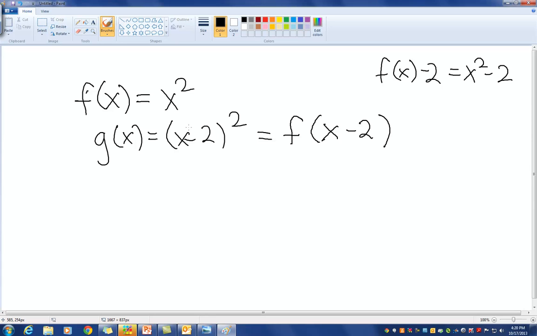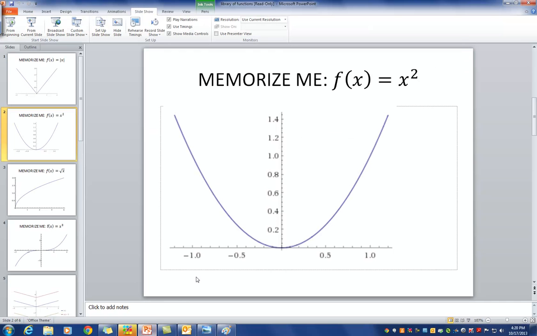And what we saw is that subtracting 2 from the input moves the entire graph 2 units in a positive direction, because messing with the input moves the graph opposite of the direction you'd think. So it's going to take this parabola right here and move it 2 units in this direction.